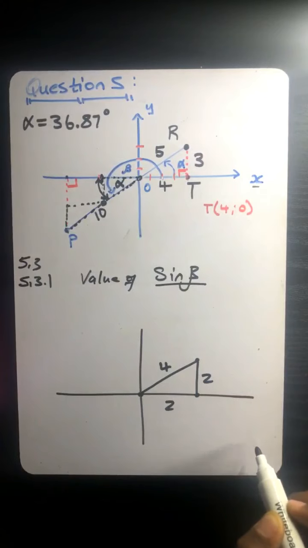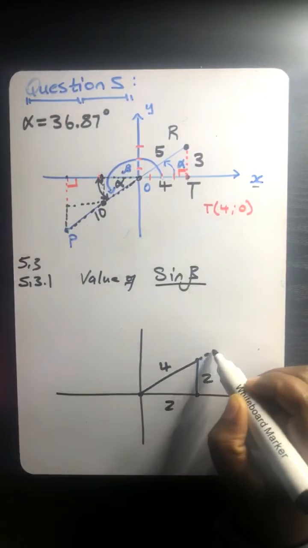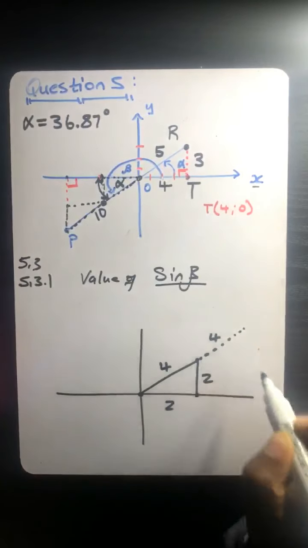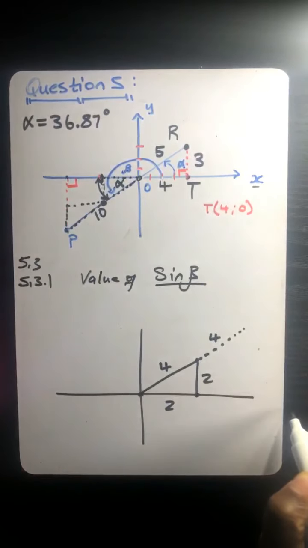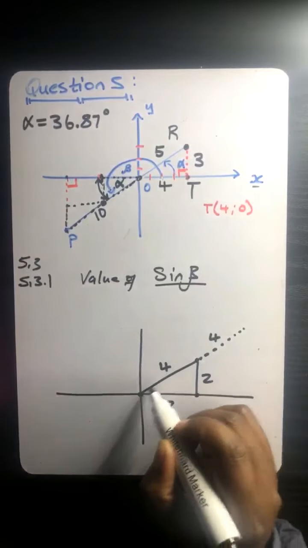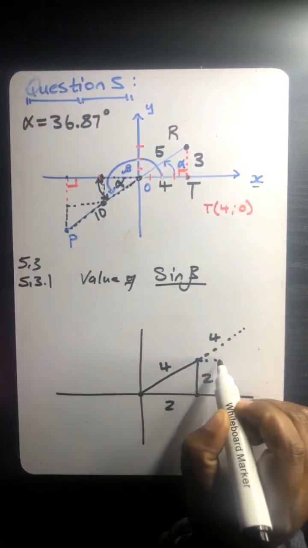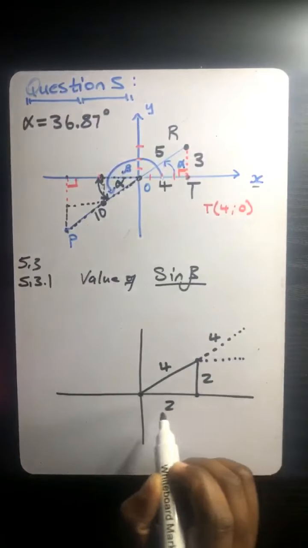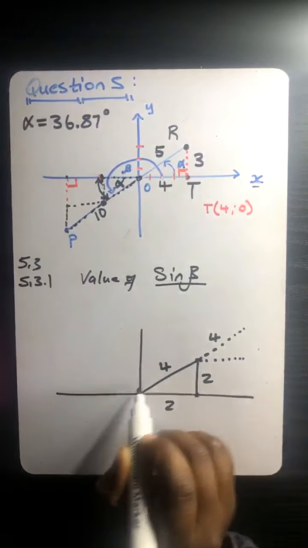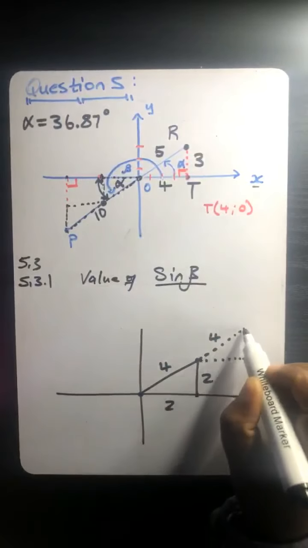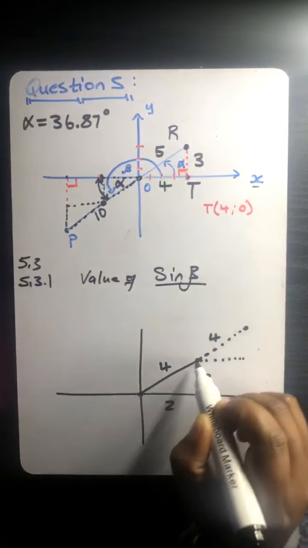Then, if we extend this by another 4 units in the same angle, it's more like we are just taking the same triangle, but now extending or putting it there, such that from there to there, it is still that from there to there.